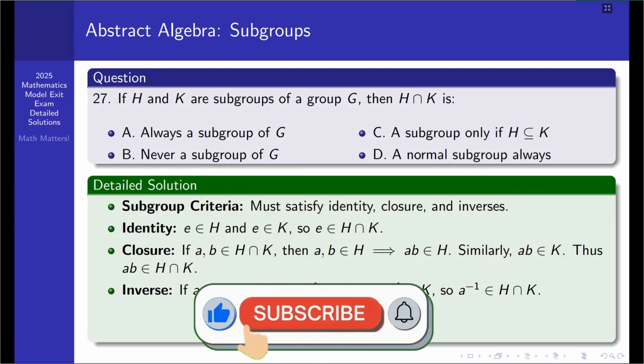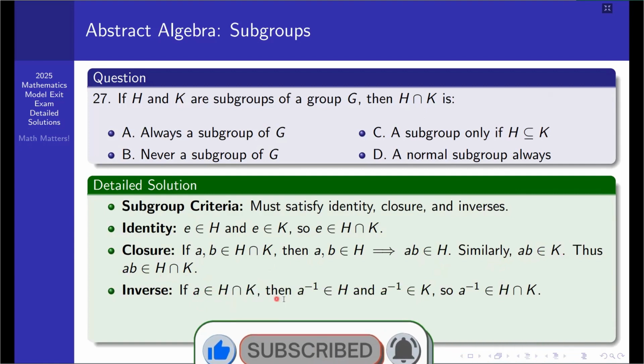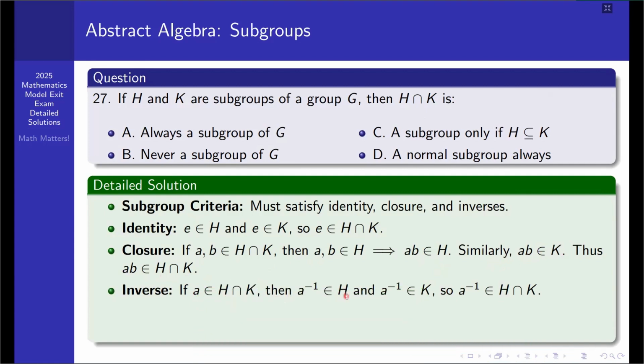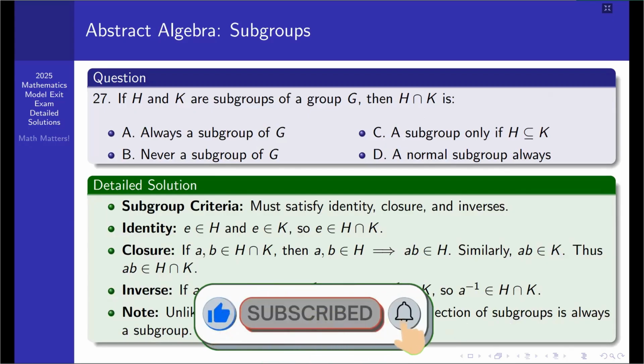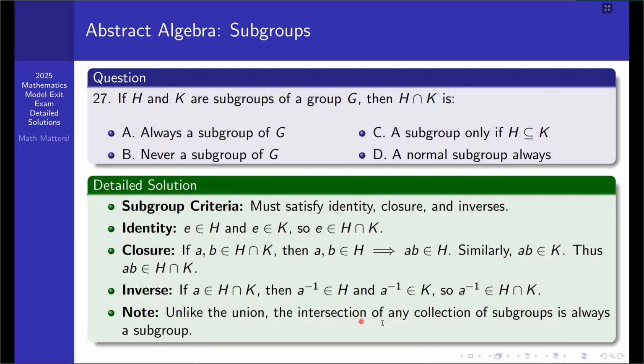If a is an element of H intersection K, then a inverse must be in H, and a inverse must also be in K. So a inverse must be an element of H intersection K. Therefore, unlike the union, the intersection of any collection of subgroups is always a subgroup. So the answer for this one is A, it is always a subgroup of G.